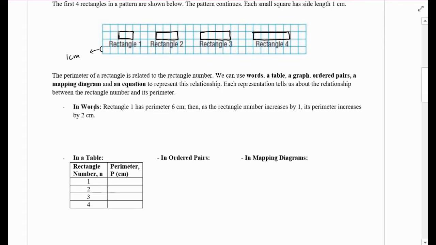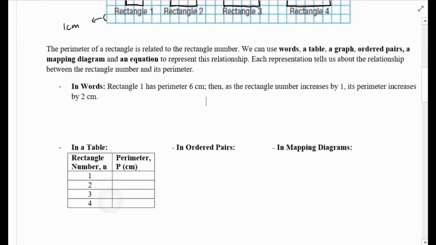If we represent this relationship in words, we can say rectangle 1 has a perimeter of 6. Then as the rectangle number increases by 1, the perimeter increases by 2 centimeters. Okay. Table.